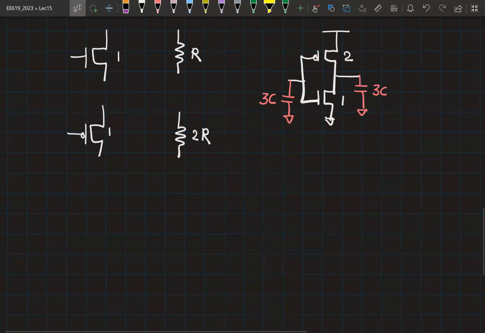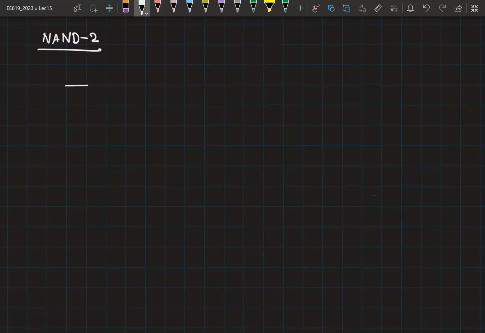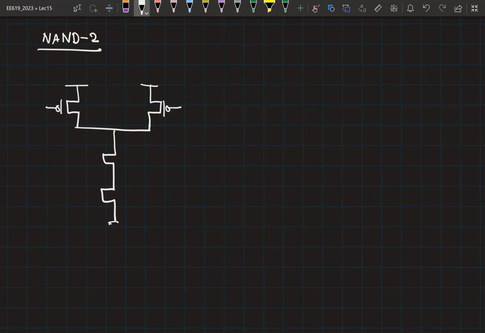Now let me also quickly show you the NAND 2 implementation. What are the sizes?